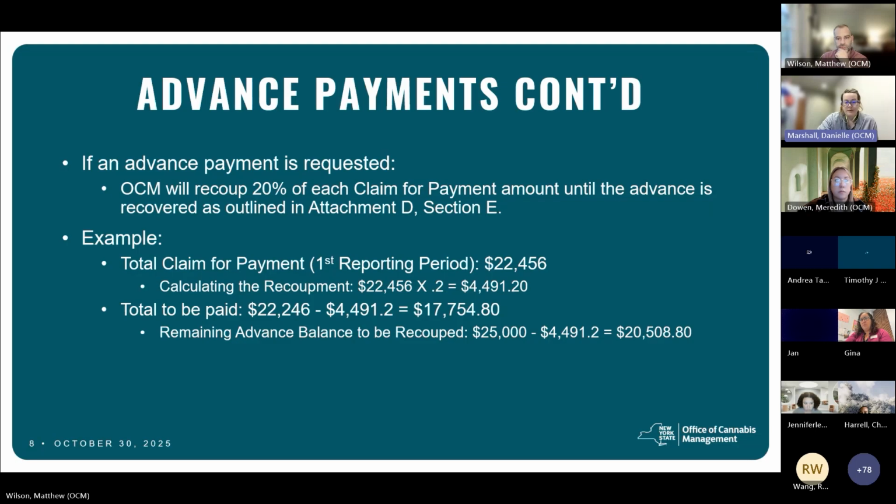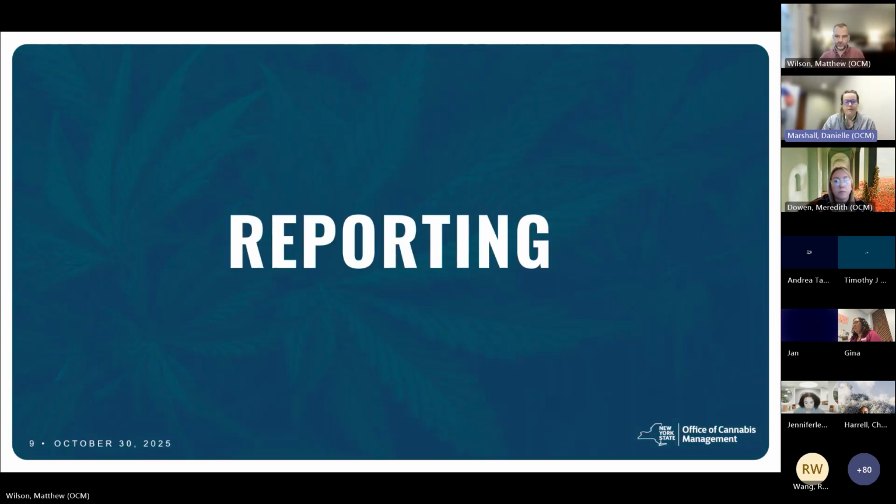And to determine your remaining advance balance to be recouped, you'll take that advance payment amount of $25,000. You'll minus the recoupment of $4,491.20, and that will give you a remaining advance balance of $20,508.80. And I will pass this on to Meredith to go over the reporting slides.